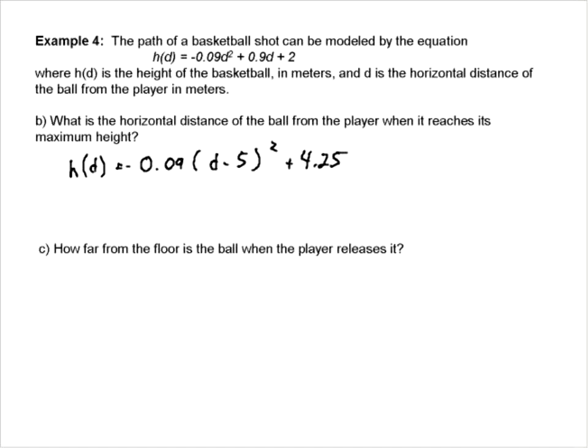Now, what is the horizontal distance of the ball when it reaches the maximum height? Well, we have that too. We have that right here. This tells us that this maximum height of 4.25 meters occurs when d is equal to 5. And d is the horizontal distance. Problem solved. We've got it figured out. We can solve it right from our equation.